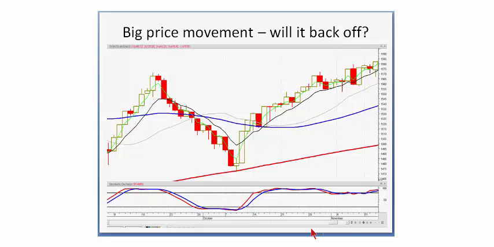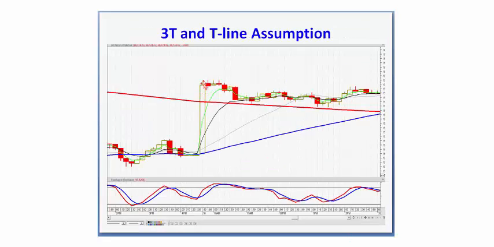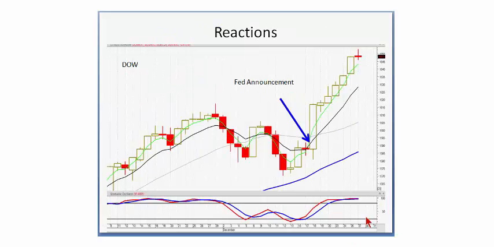Or there's times where price moves huge in the beginning part of the day, maybe in the first 10 minutes. A lot of people say, well, I'm afraid of a gap and crap type situation. But we can see whether they're holding up, whether they stay right above the T-line all day long, telling us that at the end of the day this daily candle is going to be a big bullish candle.